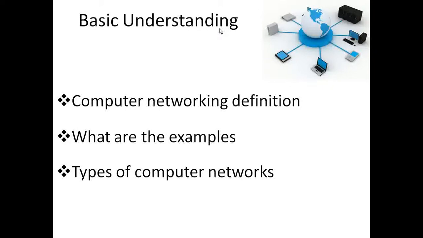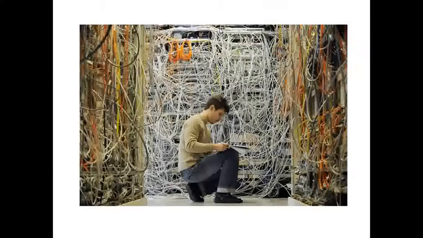The network consists of computers or computerized devices. So put that in your understanding. There must be more than one computer or computerized device in order to establish a thorough computer network.